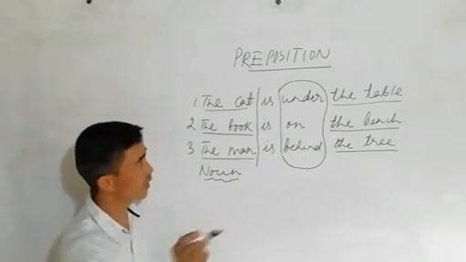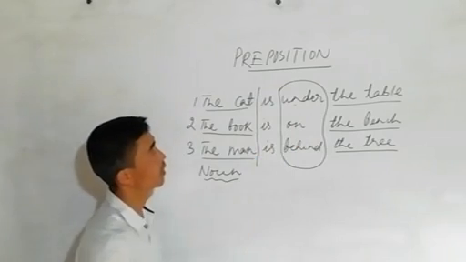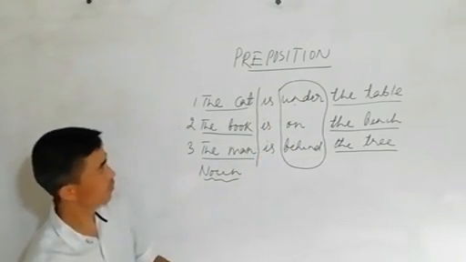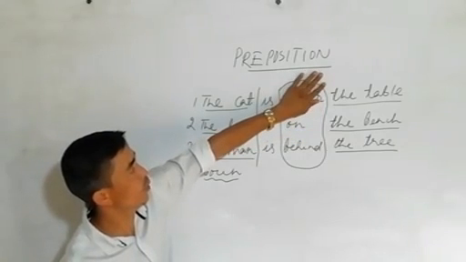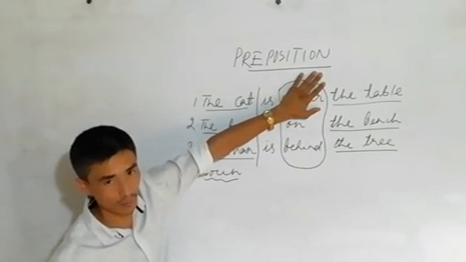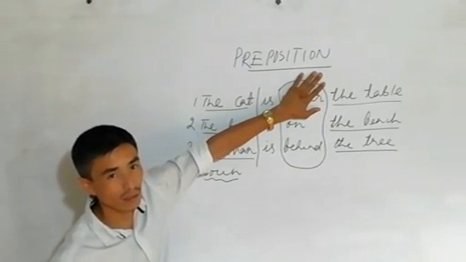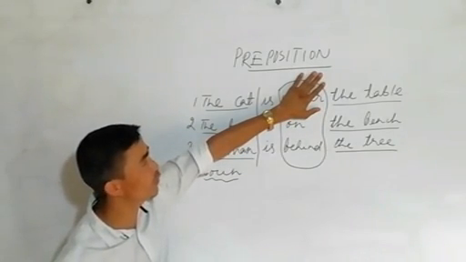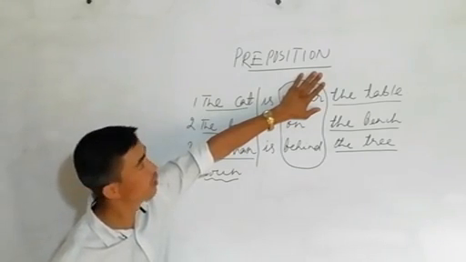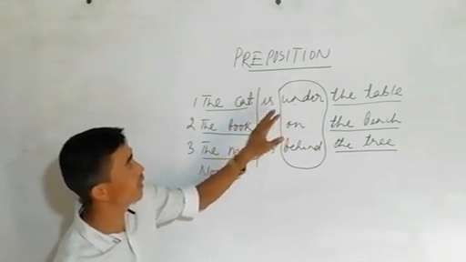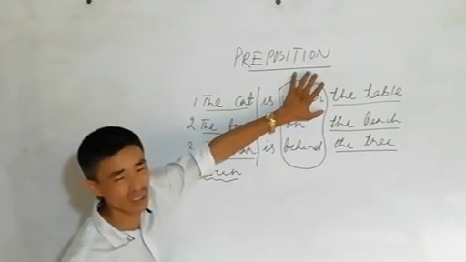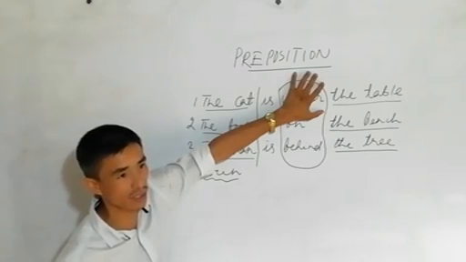Let's try to understand the function of this word, under. If we remove it, for example, the cat is table. Do we have a meaningful sentence here without under? Of course not. This sentence is meaningless.